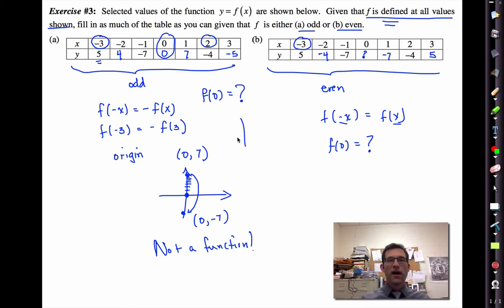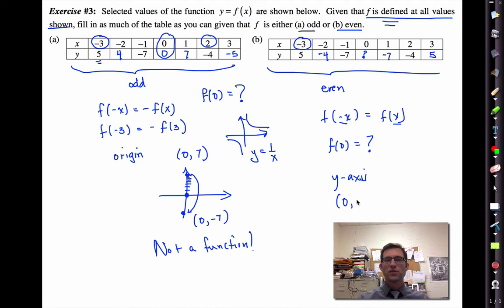You can certainly have odd functions like 1 over x. That is an odd function. y equals 1 over x is odd, and yet it doesn't go through the origin because it's not defined at x equals 0. Now, on the other hand, even functions, we don't have any clue. Even functions have symmetry across the y-axis, but that doesn't tell me anything.